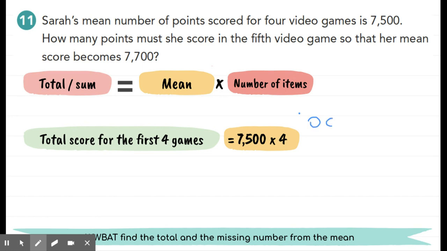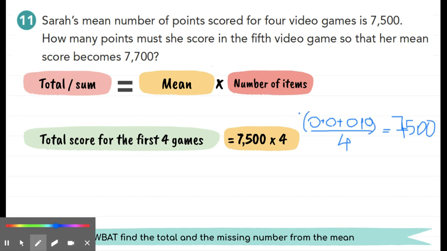Again, the sum of the 4 games divided by 4 gives us 7,500. So to find the total, you can multiply 4 on both sides. So the total score for the first 4 games is 7,500 times 4.